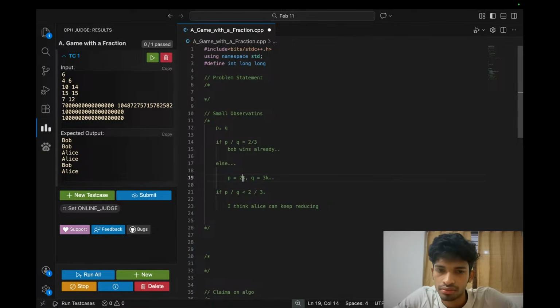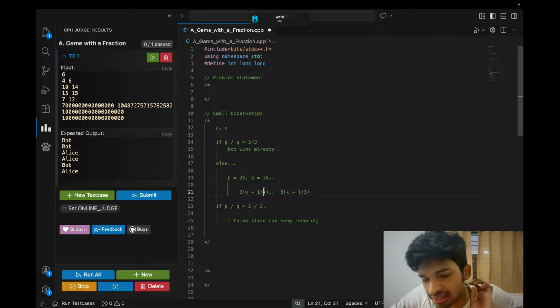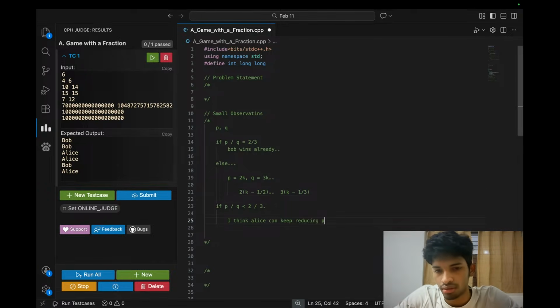Here, if you reduce here, 1 by 2 has been reduced. Here, if the next guy reduces the other thing, 1 by 3 has been reduced because it's going more lesser. This value will always stay less than this value.